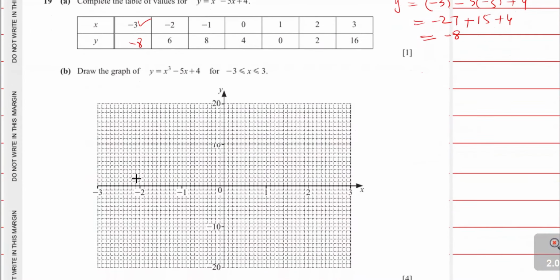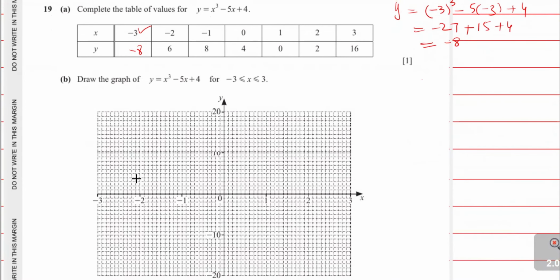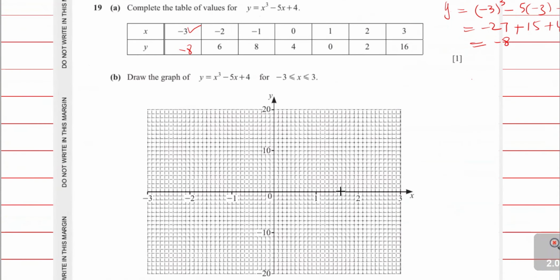And we draw the graph here. The value of x is minus 3 and y is minus 8. Look here, this is minus 3. This position is minus 10, this is minus 9, and this is minus 8. This position is minus 8. Next is minus 2, 6.